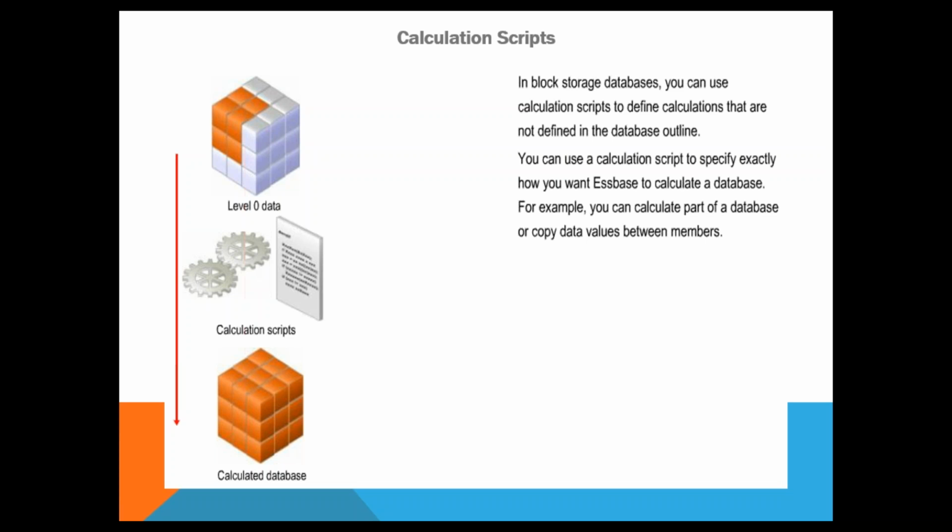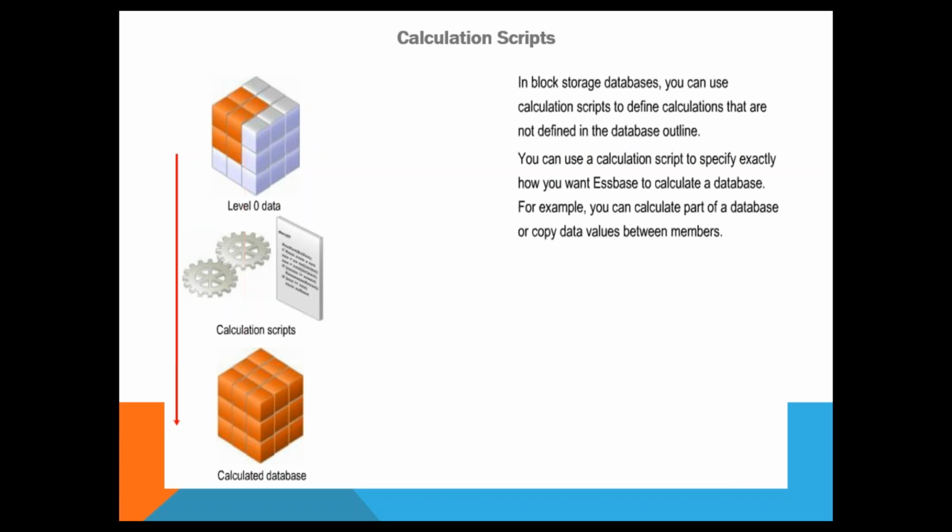We want to schedule whatever operations we want to, and run whatever calculation scripts we want at whatever time we need. So you turn that intelligent calculation off whenever you're working with Essbase. The reason is simple: you don't want that to work by itself.